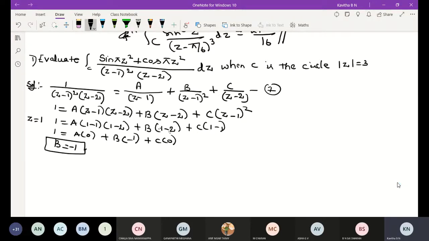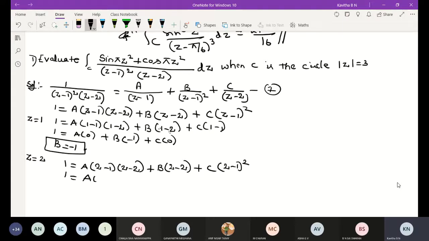Then similarly, find out the A value and C value also. Put z = 2. 1 is equal to A into (2 − 1)(2 − 2) plus B into (2 − 2) plus C into (2 − 1)².